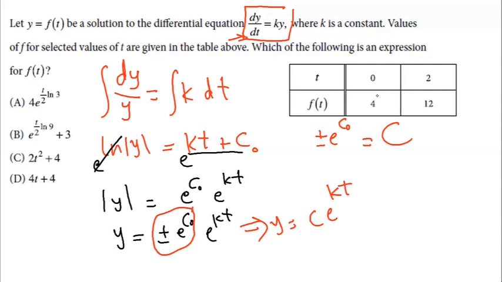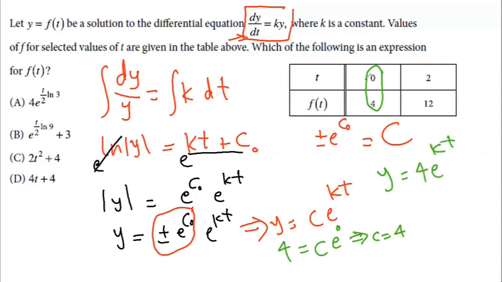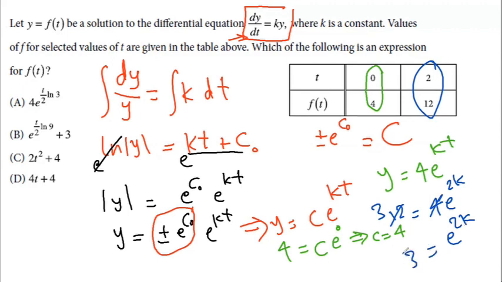As we expected, we have two constants, k and c. If we use the first initial condition, at t equal 0, y equals 4, so 4 equals c e power 0. That means that c equals 4, and we can write the equation 4e power kt. To find the second constant, we do the same, sub t equals 2, so 4e power 2k equals y equals 12. So we can simplify, and we have e power 2k equals 3.